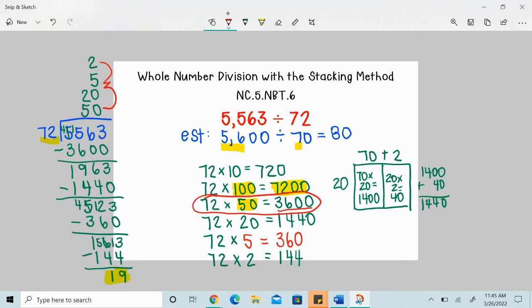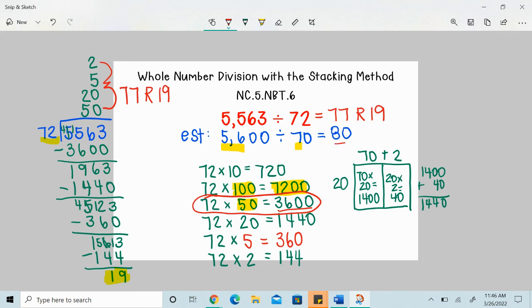But I can see that 50 plus 20 is 70, plus 5 more would be 75, plus 2 more would be 77. So I know that I have 77, and I can't forget about my remainder. So 77, remainder 19. So again, this lets me know that 5,563 divided by 72 is 77, remainder 19.